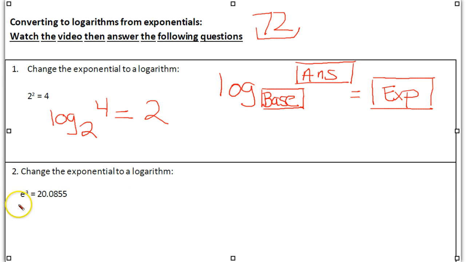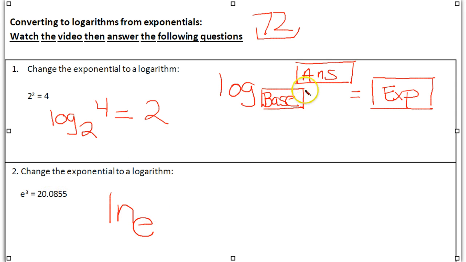Now here we're going to use natural logs. So we're going to use natural log. Now, if it's natural log, our base is e, which we don't usually write. And what would our answer be?